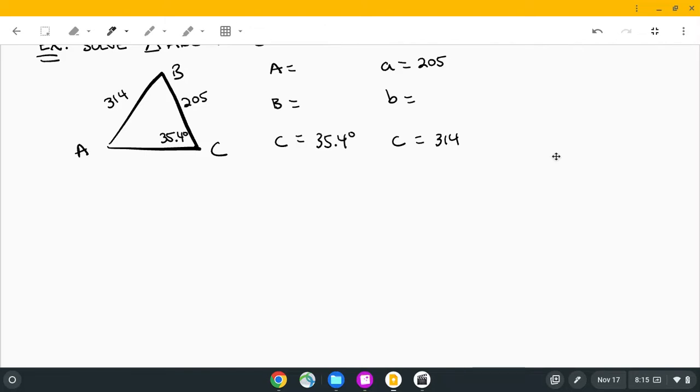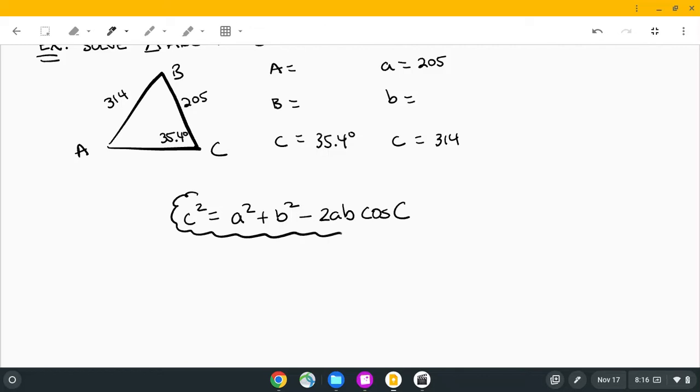So in this case, I have angle C and little c, so I'm going to be using c squared equals a squared plus b squared minus 2ab cosine C. I'm using this one because I know angle C and I know little c.